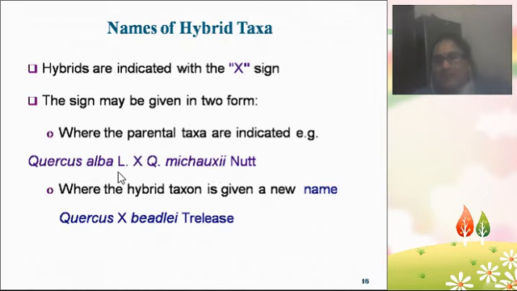Alba was discovered by Linnaeus. This cross is an interspecific cross between two species. Whatever plant comes from this cross is known as the hybrid taxa, and it is given a new name like this: Quercus, cross sign, and a new name, Beadle, and Tristis.